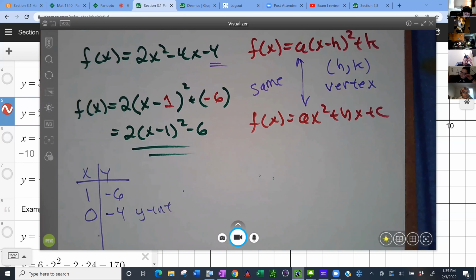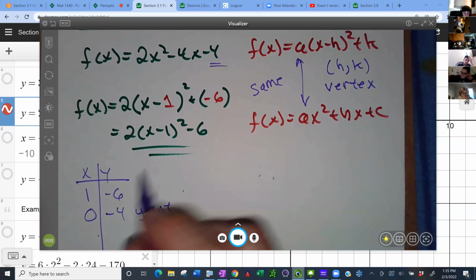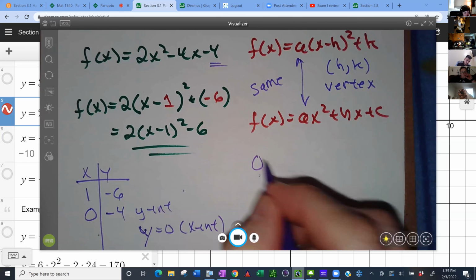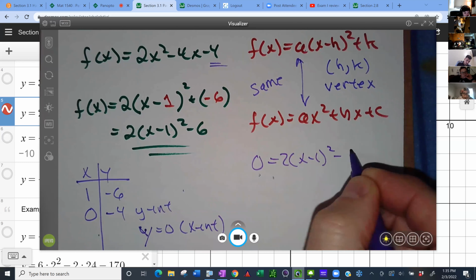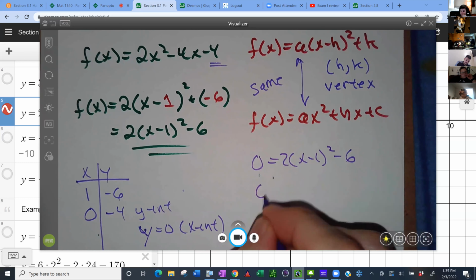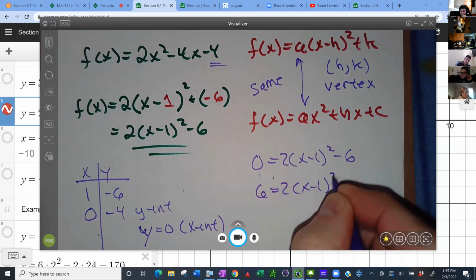And then you can set y equal to 0 to find the x-intercepts. That you can do here: 0 equals 2 times (x minus 1) squared minus 6. Move the 6 to the other side. Divide by 2.